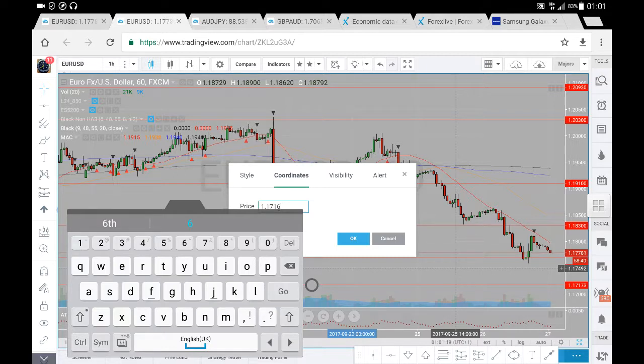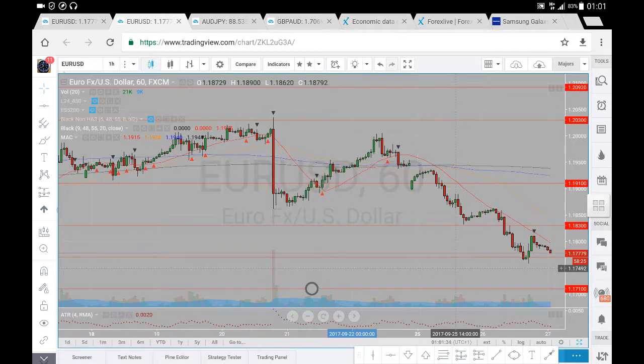We do have a lot of wicks in around the 17 region, so let's just settle on 1710. In between the 17, which appears to be an area of consolidation, 1720 being a moving average. So let's just stick with 1710.